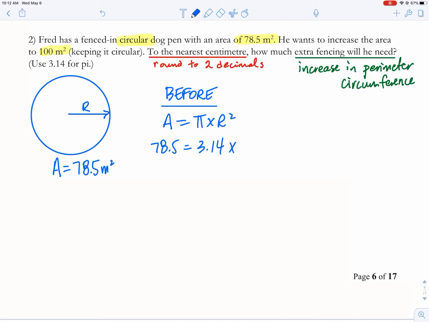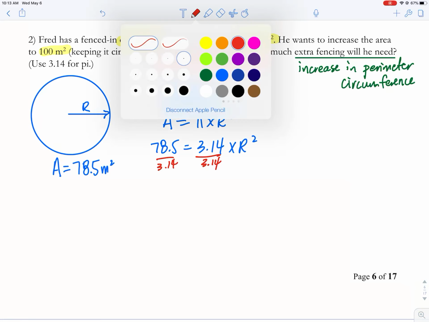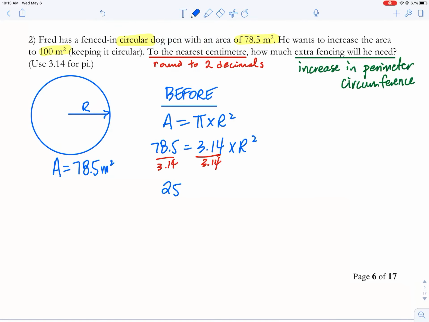Pi is 3.14 times r squared. Divide both sides by 3.14, and we get 25 equals r squared. I'm going to square root both sides. I'm only going to take the positive square root because we're looking at distances. So we know that the radius is 5, and I'm going to use that to find my circumference.